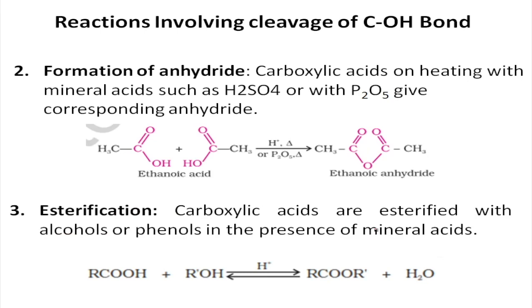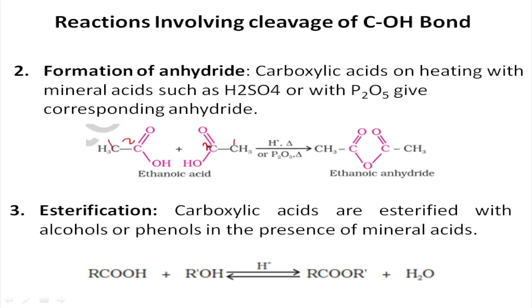Number 2, reactions involving cleavage of the C-OH bond. Formation of anhydride: carboxylic acids on heating with mineral acids such as H2SO4 or P2O5 give the corresponding anhydride. So take ethanoic acid, C1, C2.